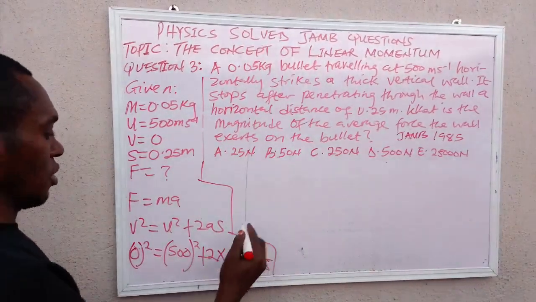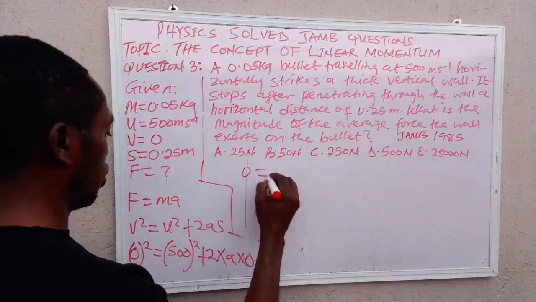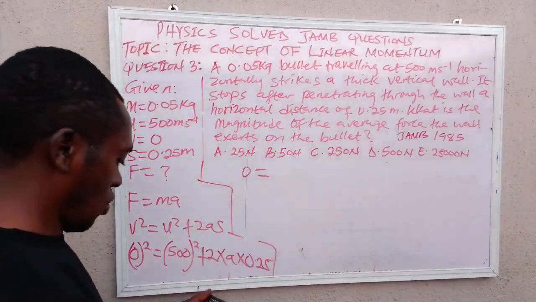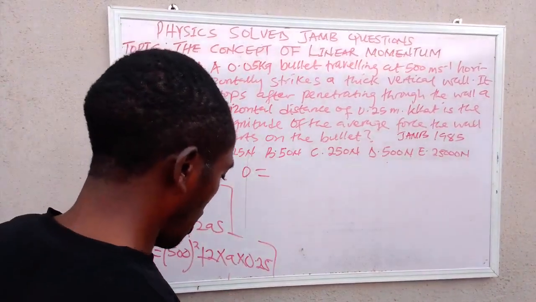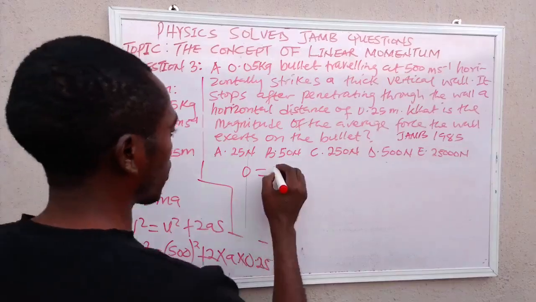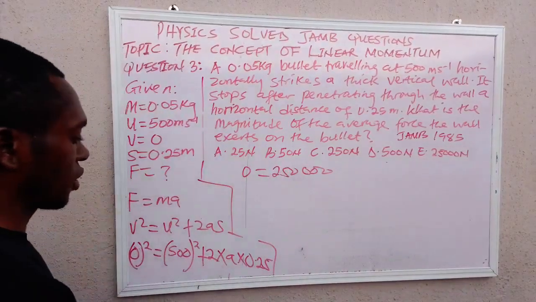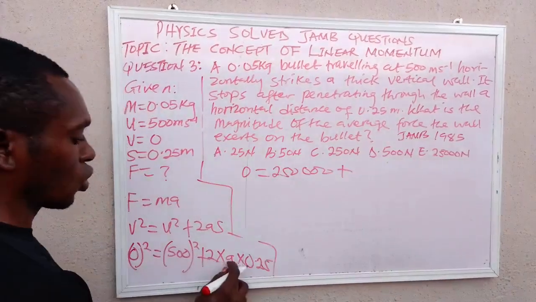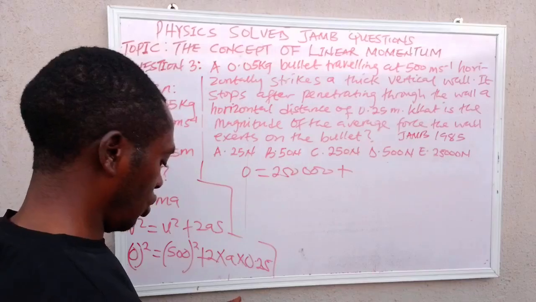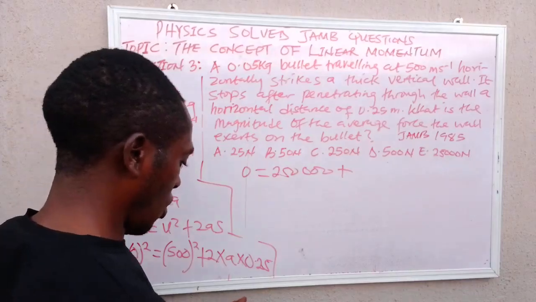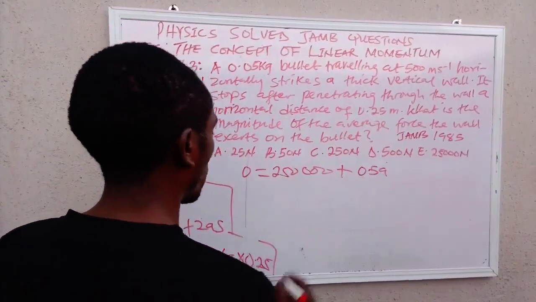Then 0 squared is equal to 0, which equals 500 squared. 500 squared gives us 250,000, plus 2a times 0.25. So what we're going to have is 0.5a.